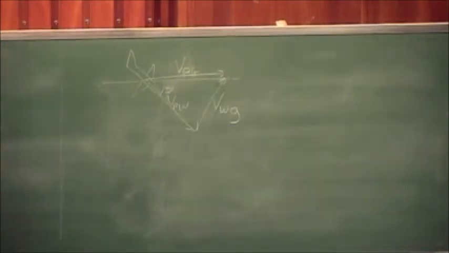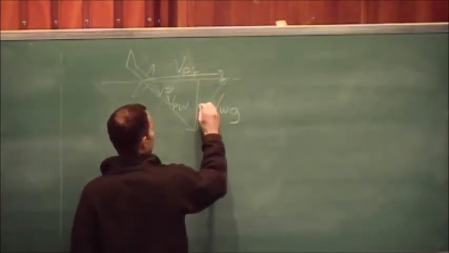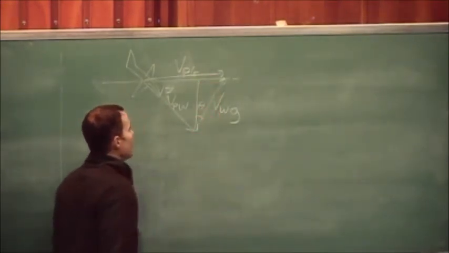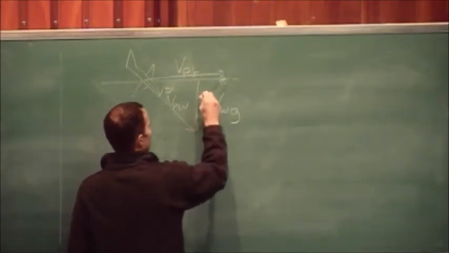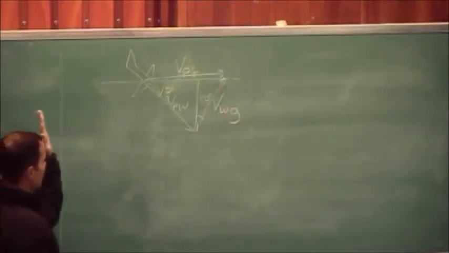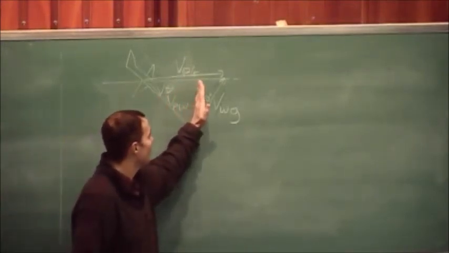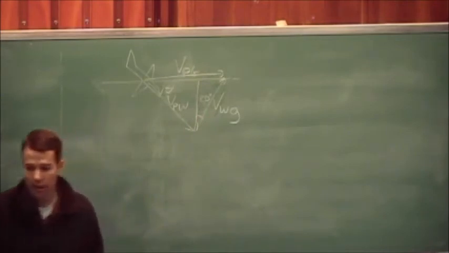Okay. And with the wind speed directed 20 degrees east of north. So this angle is 20 degrees. So what we're doing is we're going 20 degrees east of the north, taking the angle relative to the north direction.